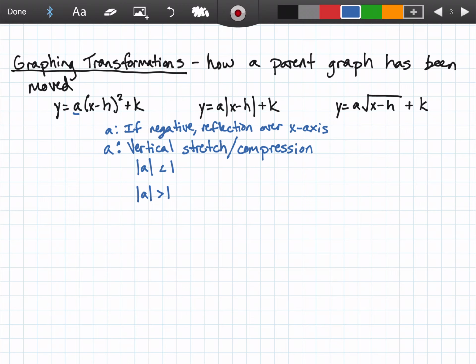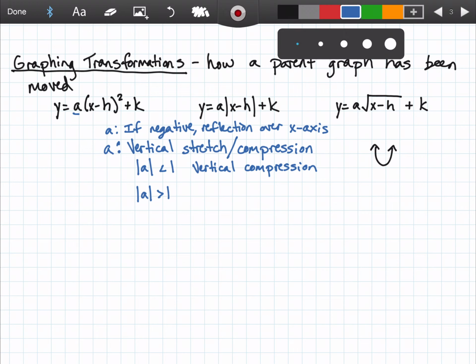So if the absolute value of A is less than 1, we call this a vertical compression. If you had your normal parabola, a compression is going to take it and make it wider.